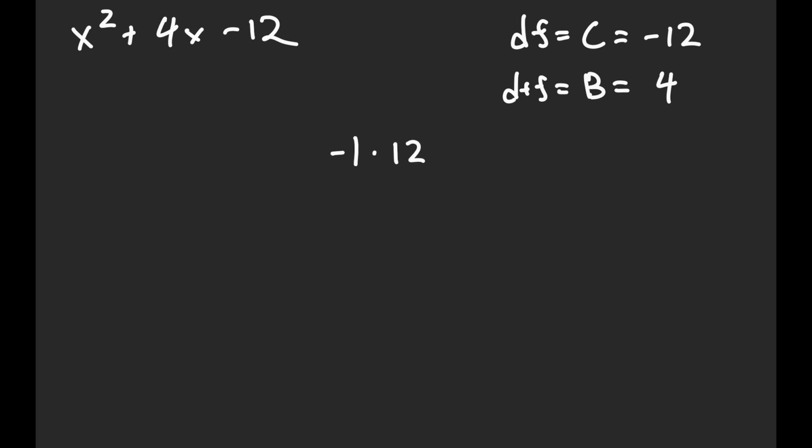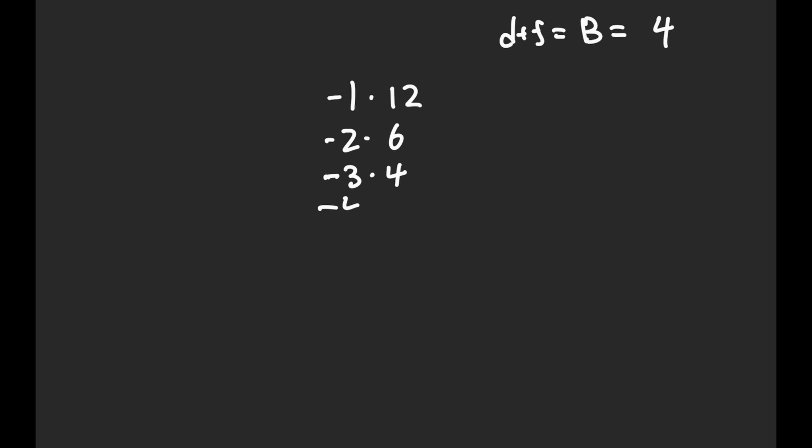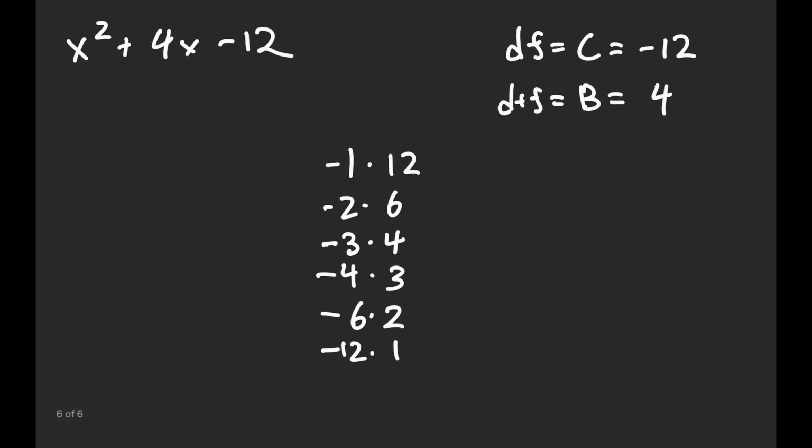Negative 1 times 12, negative 2 by 6, negative 3 by 4, negative 4 by 3, negative 6 by 2, and negative 12 by 1. Cool. All right, these are all the possible combinations of d and f that would satisfy the c term. Now let's check which one's going to satisfy the b term. If we add this up, we get 11. That's not b.